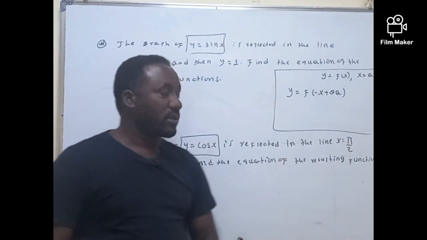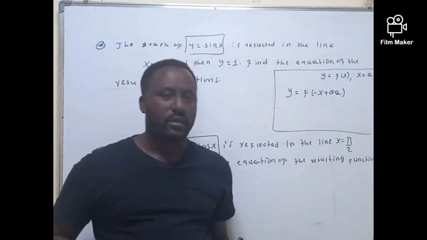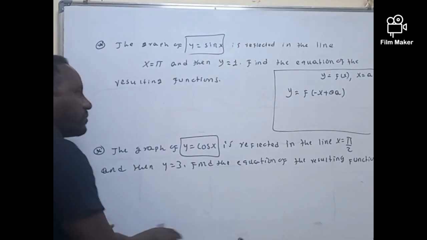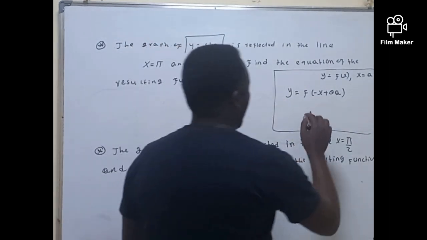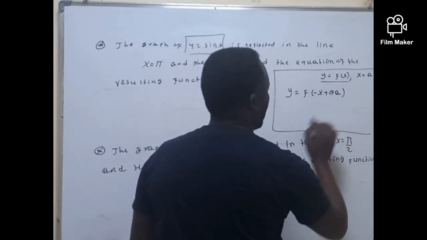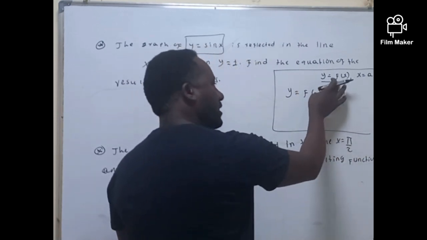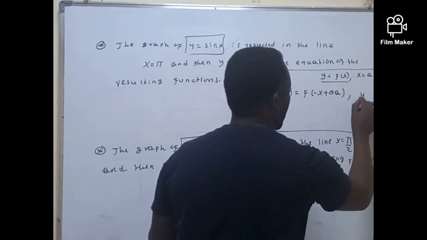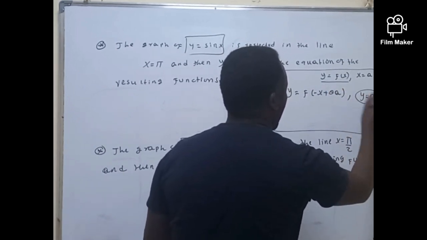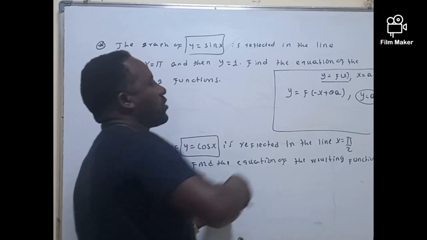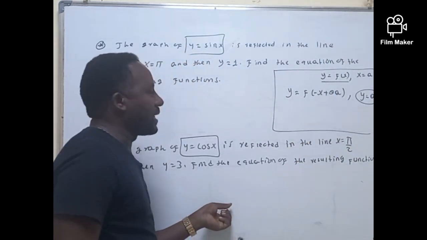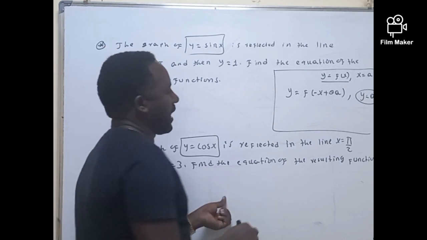Similarly, look at the problem. If the function is this one and the line of reflection is horizontal, y is equal to a, how are we going to find the image of this function along this horizontal reflection line?